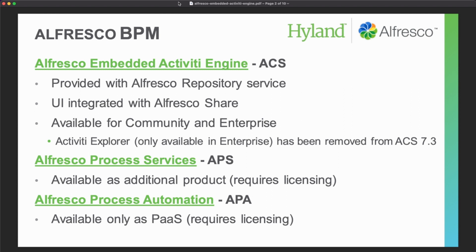It's available for both community and enterprise versions, and the enterprise version had an Activiti Explorer, a UI application that has been removed from ACS 7.3.